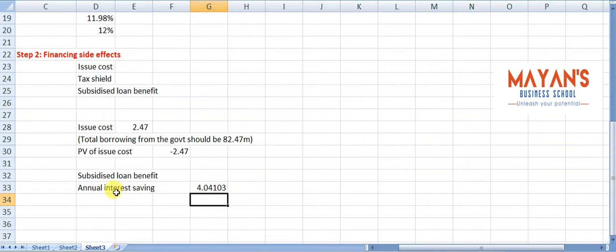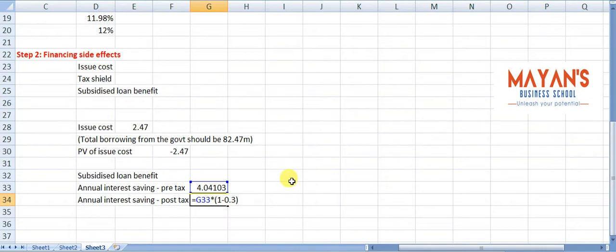But understand, this is pre-tax, guys, because whenever you are saving some interest, your profit goes up, your tax goes up, right? So this I would say annual interest saving pre-tax, before considering the tax implications. Annual interest saving post-tax will be this figure multiplied by 1 minus tax rate. 30% is the tax rate.